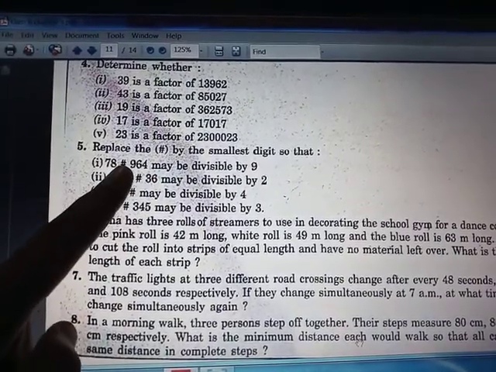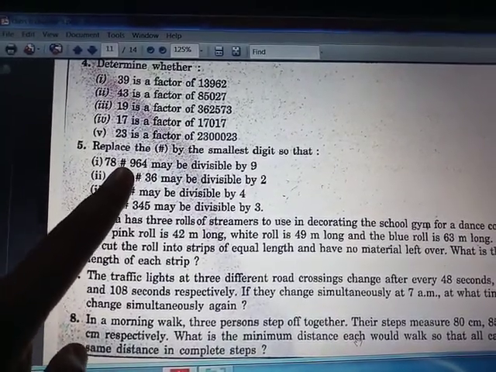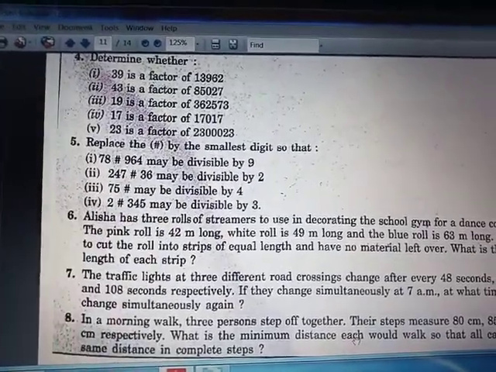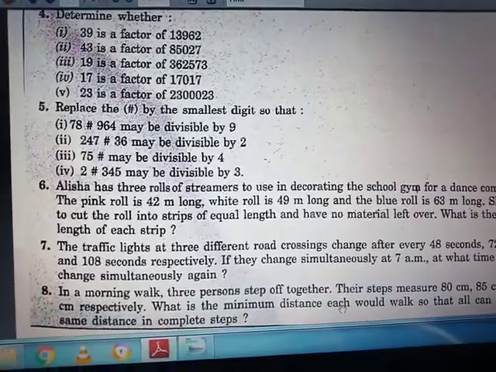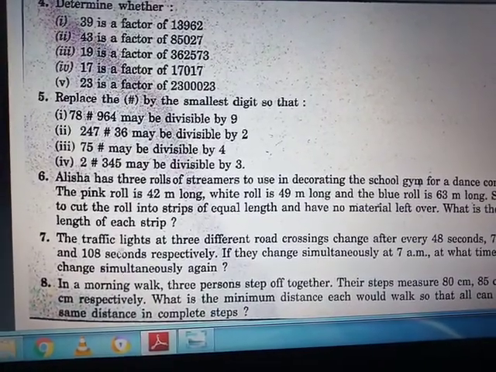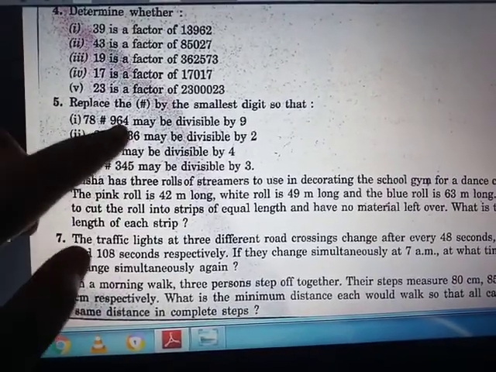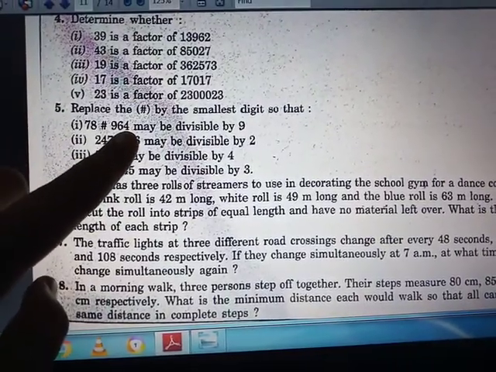So we have to put a number here which, when added to these numbers, will be divisible by 9. So the test of divisibility by 9 is, if the sum of the digits is divisible by 9, the number will also be divisible by 9. So the sum of the digits we have got is 34.